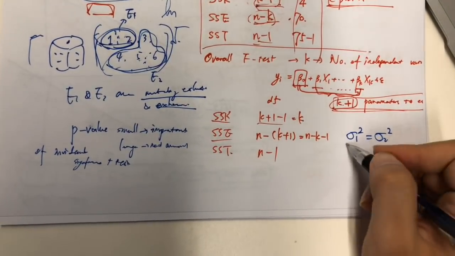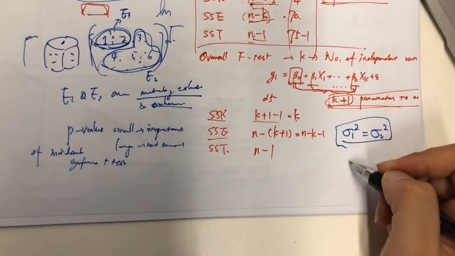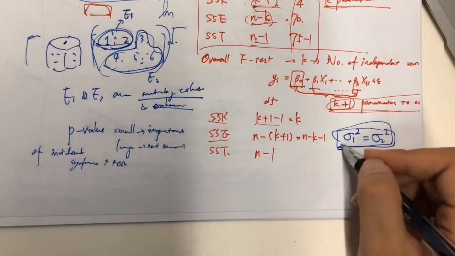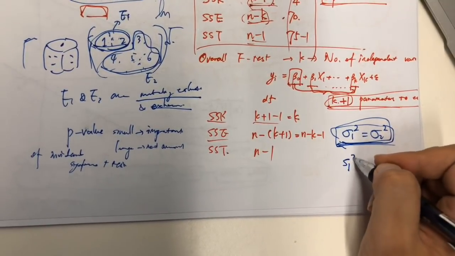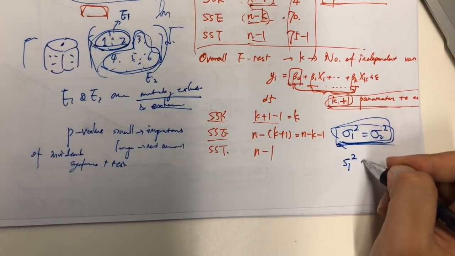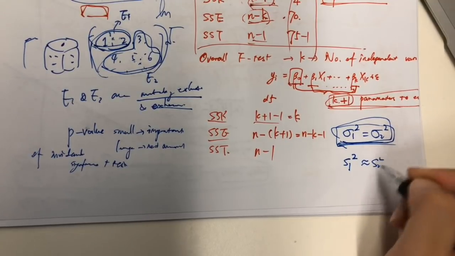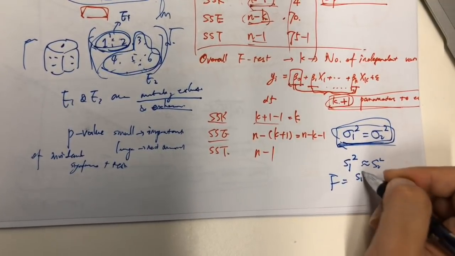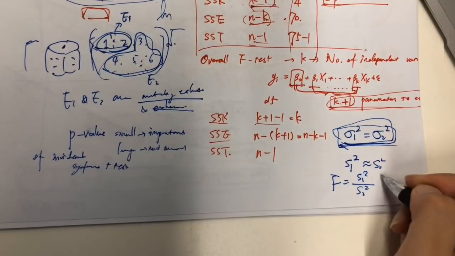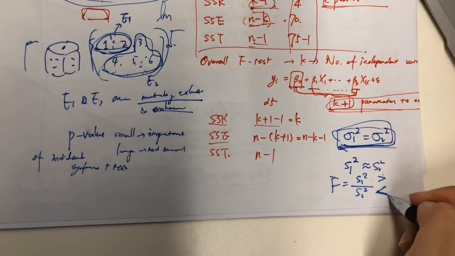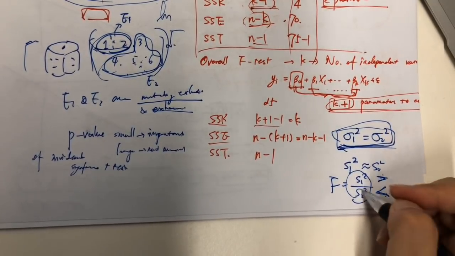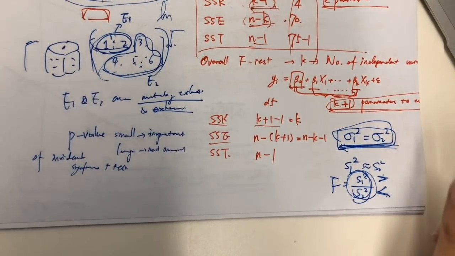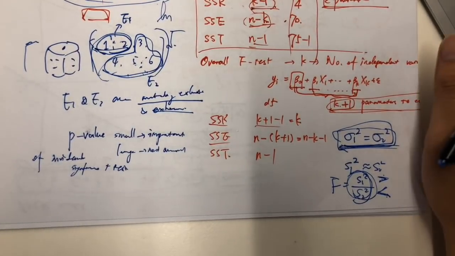But we test this using sample variance, because we will never know the value of the population variance. So we see whether S1 square is roughly equal to S2 square by constructing an F statistic. If this is too large or too small, then we think they are not equal. And if it is not too large or too small, we think the population variances are equal. Okay.